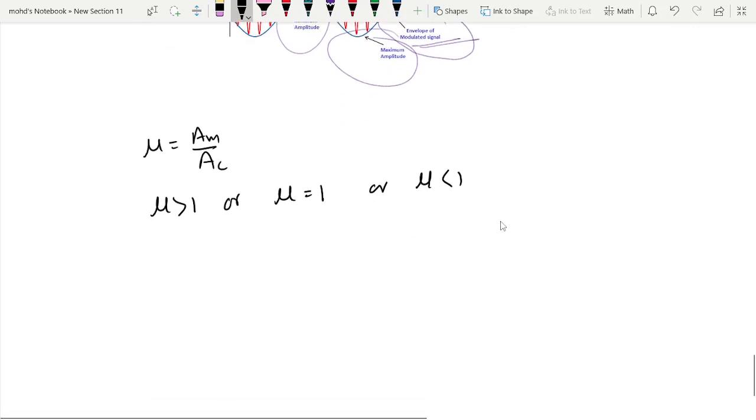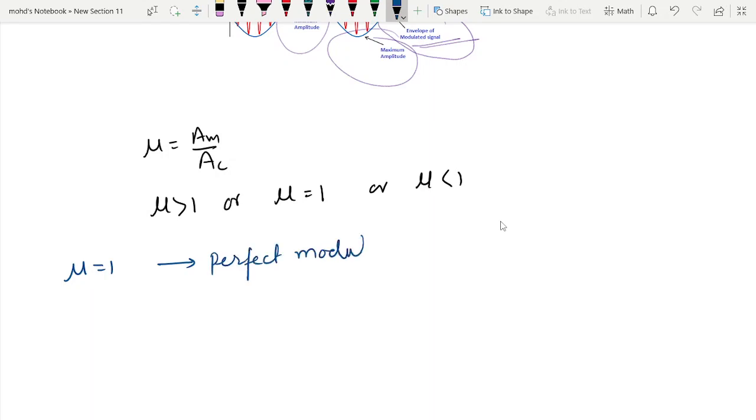If the value of the modulation index is equal to 1, it is called perfect modulation, and it occurs when the amplitude of the message signal is equal to the amplitude of the carrier signal.